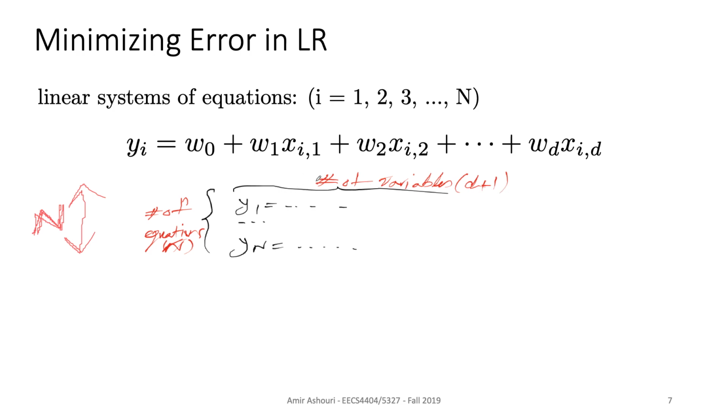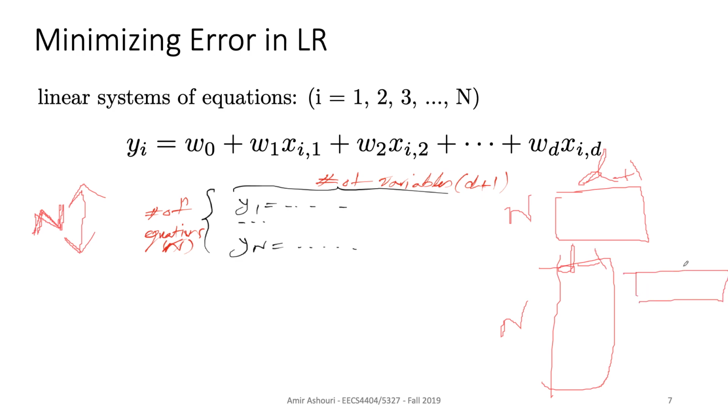So in real world problems, do you think this linear system is a square one? Is it a tall one, or is it a fat sort of matrix shape? Any thoughts? So do we have a square shape for this d plus 1, do we have a tall shape, or do we have a fat shape?